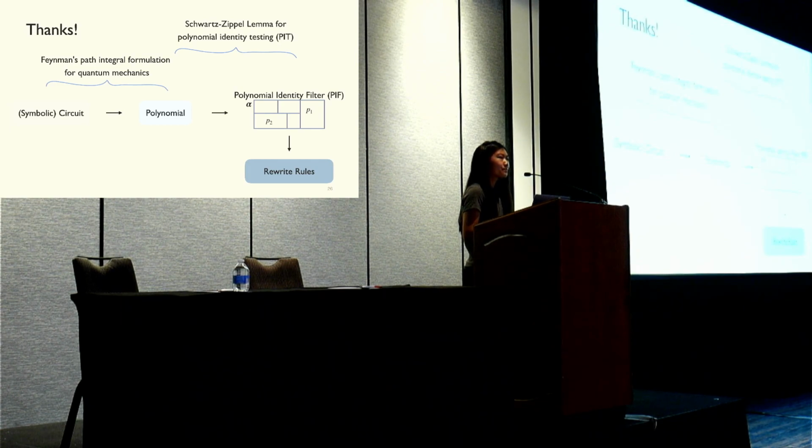Hi. Yeah, this is a great talk. So in terms of the scalability of that first arrow there, where you're going from the circuit to the polynomial, I'm really curious what the limitations of that are, because that seems critical. And I think it's a great idea to use that once you have it to fully characterize the circuit and then test for equivalence. So it hinges on that first step. I'm curious how far you pushed it. Right, so you're asking how big of a circuit can we convert to a polynomial?